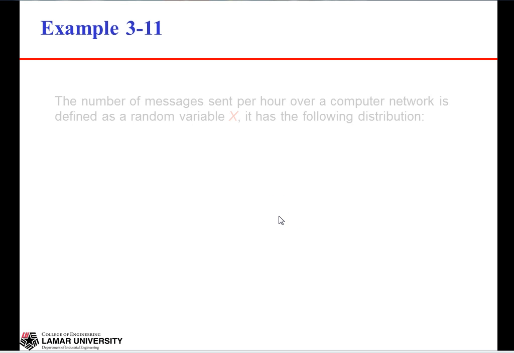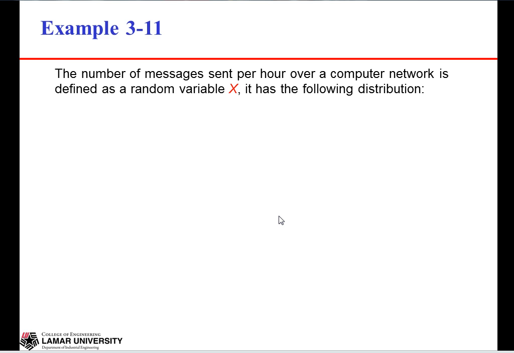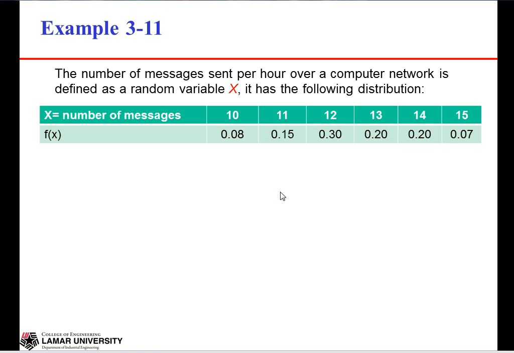Let's look at one example. The number of messages sent per hour over a computer network is defined as random variable x. It has the following distribution summarized in the table here. The number of messages sent per hour ranges from 10 to 15, and the corresponding probability for each of the possible values of x is listed in the second row.